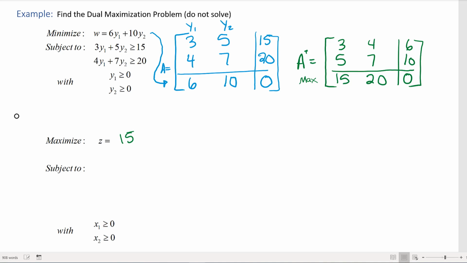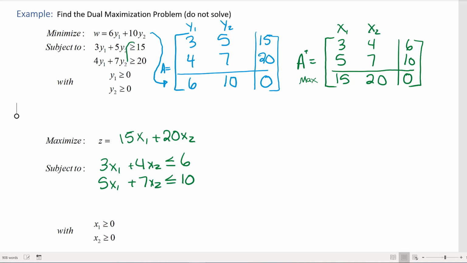So now the variables in the green transpose are going to represent x1 and x2. So now I have 15x1 plus 20x2 for the maximize objective function. The constraints are now going to be 3x1 plus 4x2 is less than or equal to 6. 5x1 plus 7x2 is less than or equal to 10.